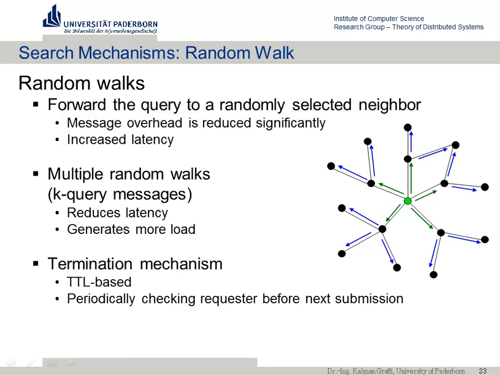And again, you have this time to live, and everybody's checking before retransmission. So the same principle, but instead of an exponential number of nodes and peers contacted, you only have it linearly. But thinking of the drawbacks of this unstructured P2P overlay, again, with fewer peers contacted, the probability that you don't find the objects that you're looking for is also increasing.